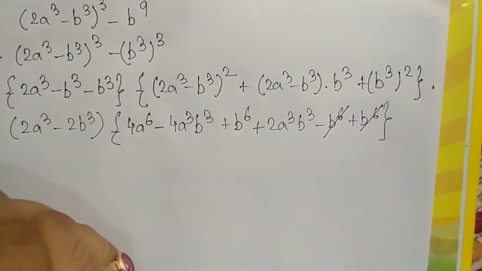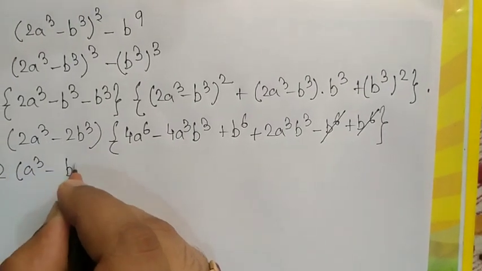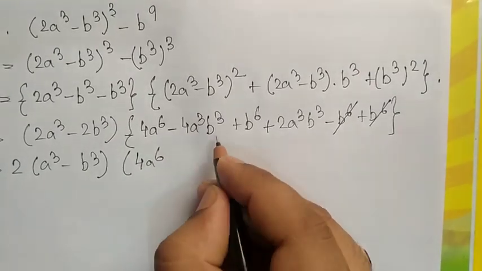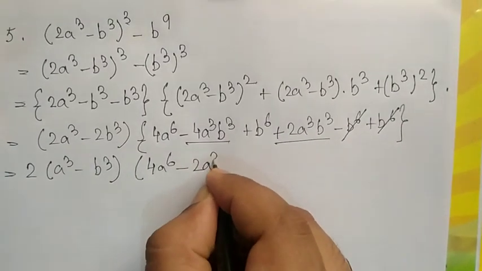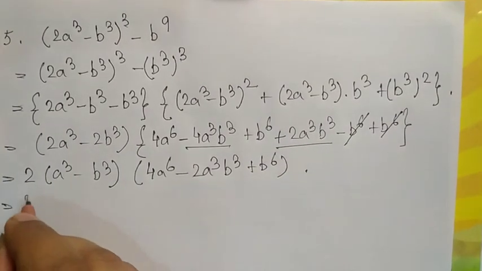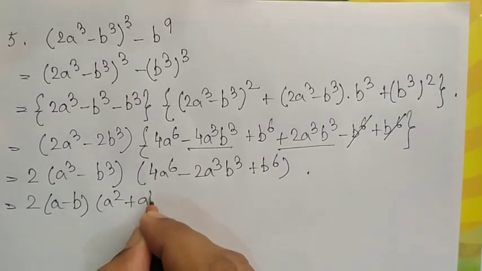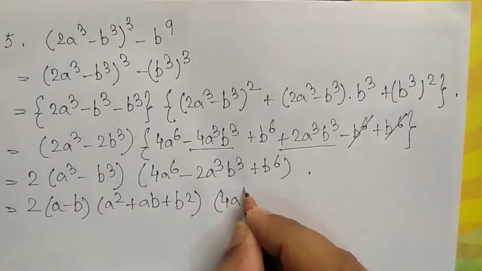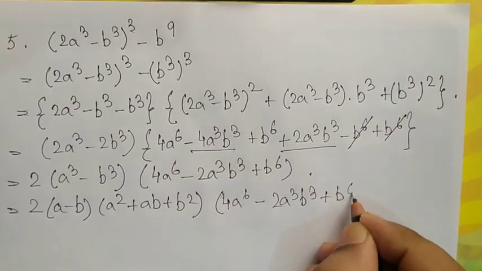Eliminate those, taking common 2, 2a cube minus b cube, and the remaining is 4a to the power 6 minus 4a cube b cube plus 2a cube b cube. So therefore the answer should be minus 2a cube b cube plus b to the power 6, and after that a minus b, a square plus ab plus b square, and 4a to the power 6 minus 2a cube b cube plus b to the power 6. Complete.